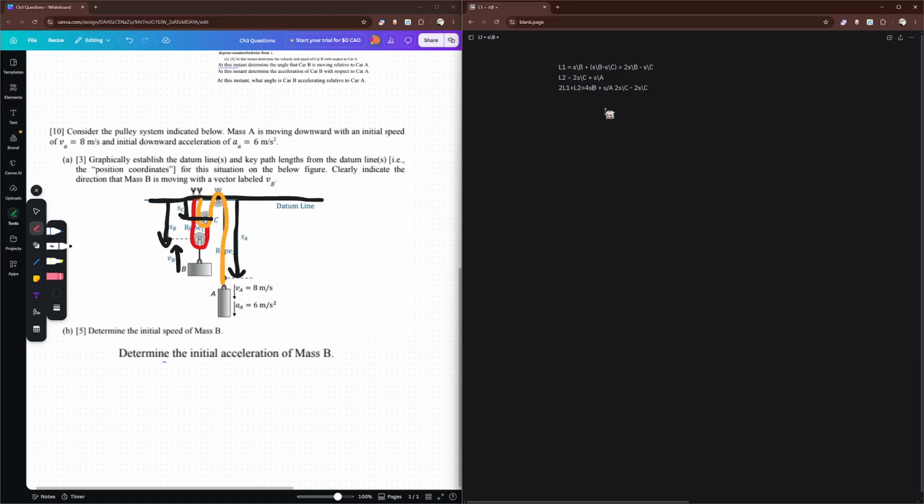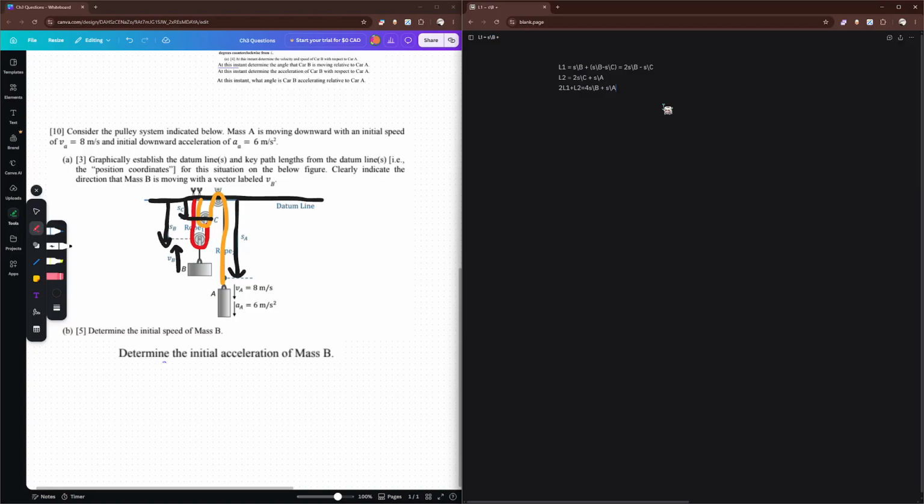I keep clicking the wrong slash all the time. There. This is what you'll get. There's supposed to be a plus here. So these cancel, making them 0. And then you have this as your length equation.